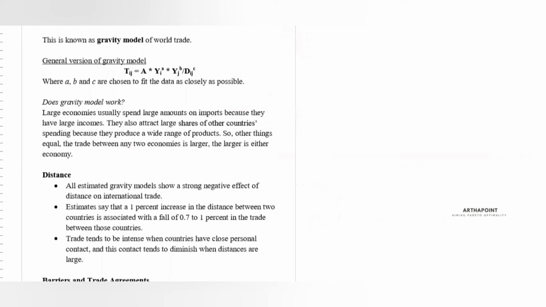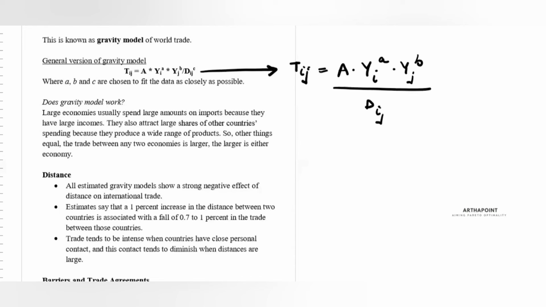Now, for the general version of the gravity model, we can write Tij is equal to A times Yi to the power a, times Yj to the power b, upon Dij to the power c, where a, b, c are values chosen to fit the data well.